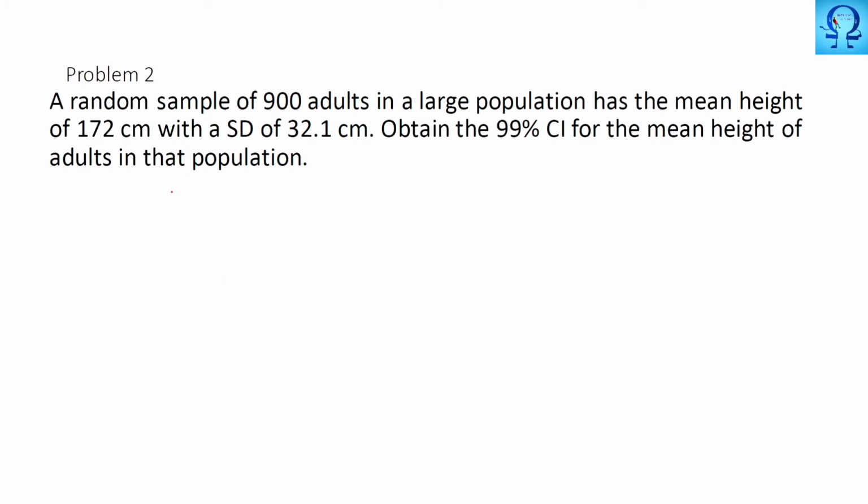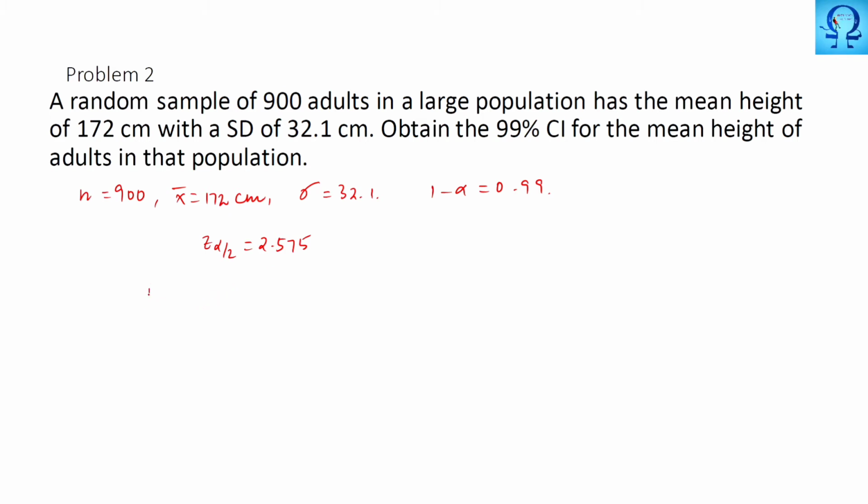Here it is said that a random sample of 900 adults, so n is 900, in a large population has a mean height of 172 centimeter with standard deviation 32.1, and 1 minus alpha is 0.99. We are asked to find out the confidence interval. Here your z alpha upon 2 is 2.575. Just like the previous cases, you can read this value from the table.